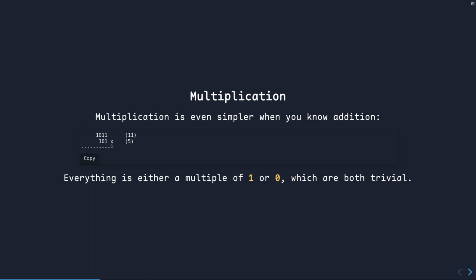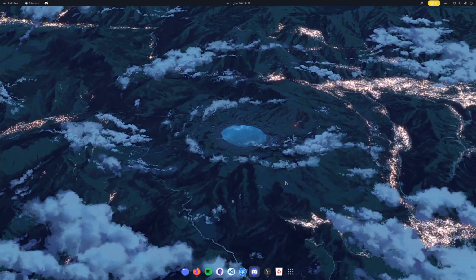So for example, if you have 25 times 36, you would go through each digit of the 36 and then move 25 to that digit's place and multiply it with the digit. But because we only have multiples of 1 or 0, which are both trivial cases of multiplication, this becomes very easy, which I will show right now.